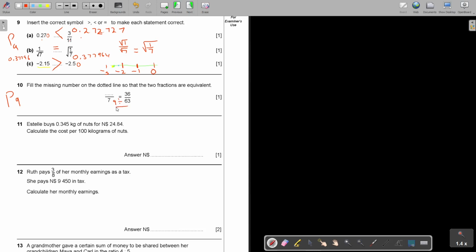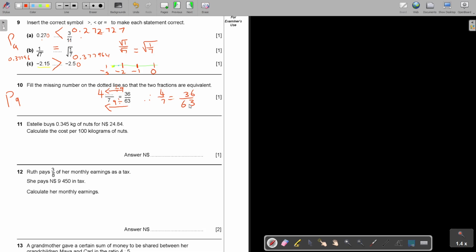If it's equal fractions, then they must also divide by 9 on this side. So it must be 36 divide 9, and the value is 4. Therefore, 4 over 7 equals 36 over 63.